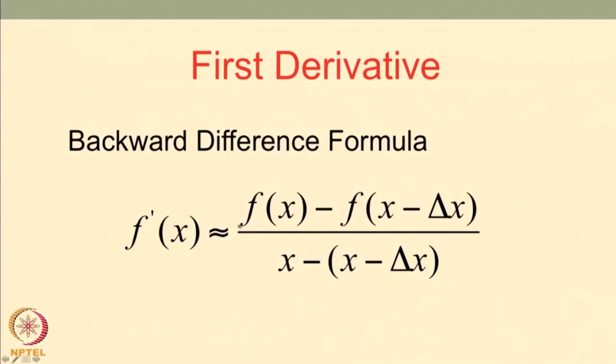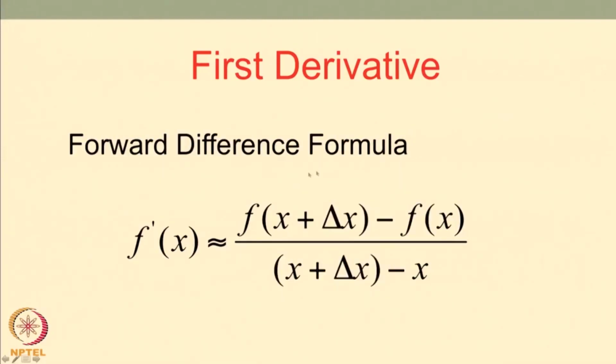If you want to calculate the derivative at x, either you could take f of x and subtract f of x minus delta x, the previous point, and find the difference, or you could take the next point, f of x plus delta x, minus f of x, and calculate this difference. So this is another way.